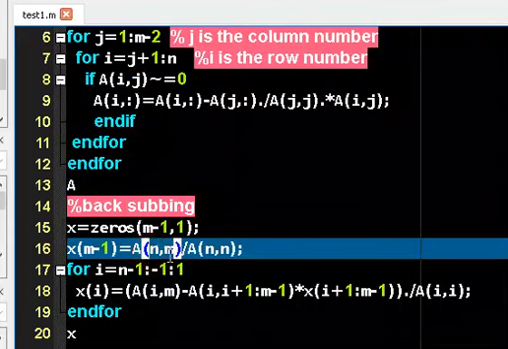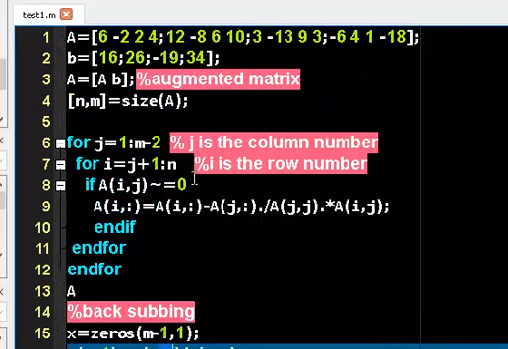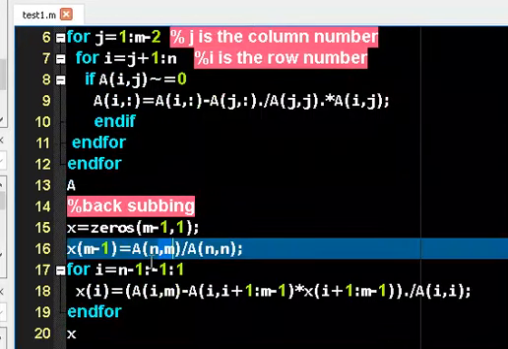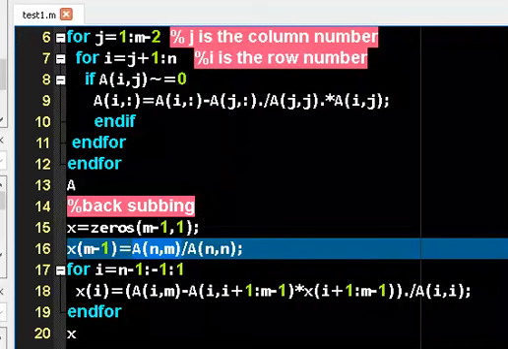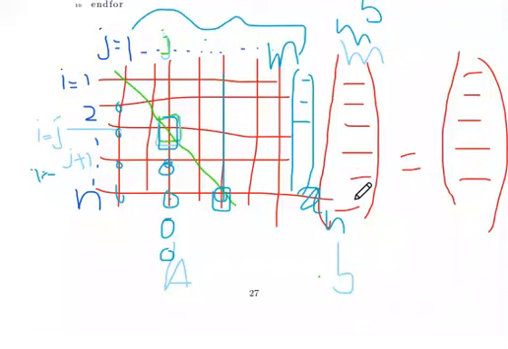The n is the row number and this is the column number. This is your right hand side value at the corner, at the bottom, this one here.